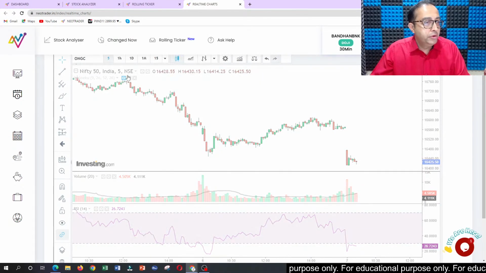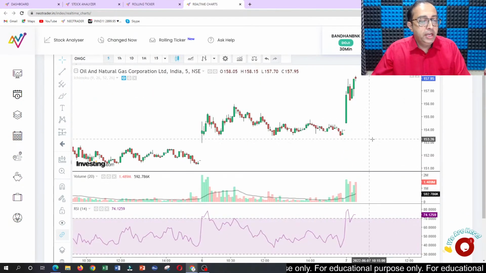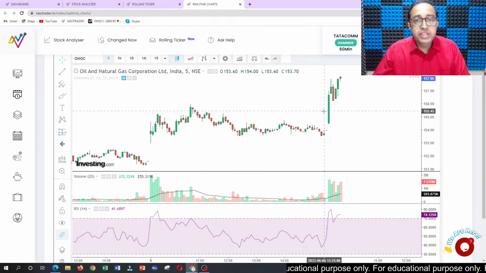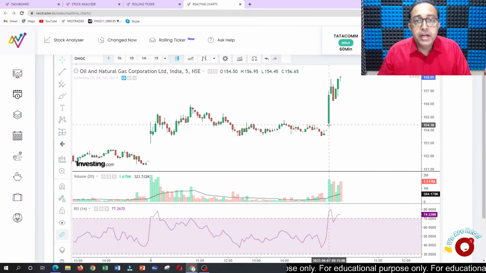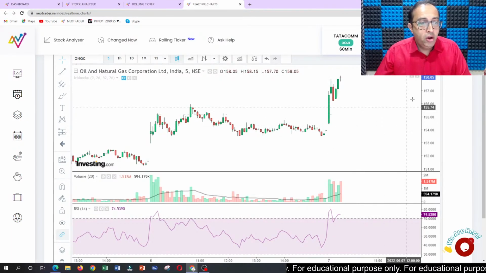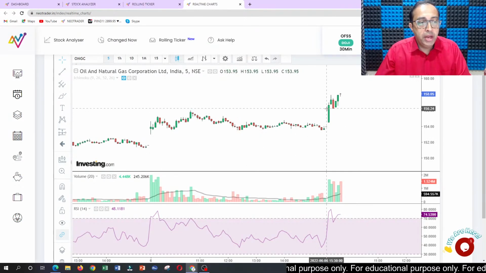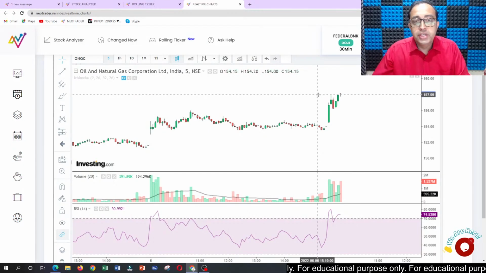So ONGC here, you can see that ONGC has moved above yesterday's high, which is a clear indication. It has also opened with a gap, so it's a pretty good opportunity. And you can see that after opening above the gap there is a good chance here. So you are already up 2 rupees, which is more than 1%.